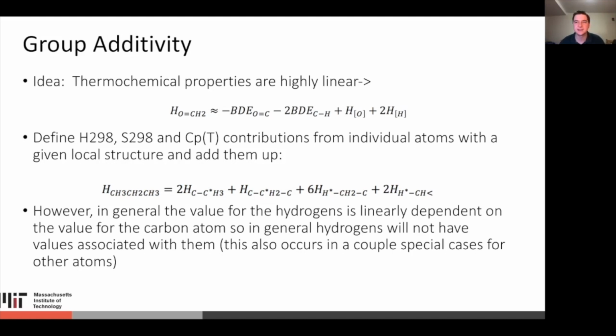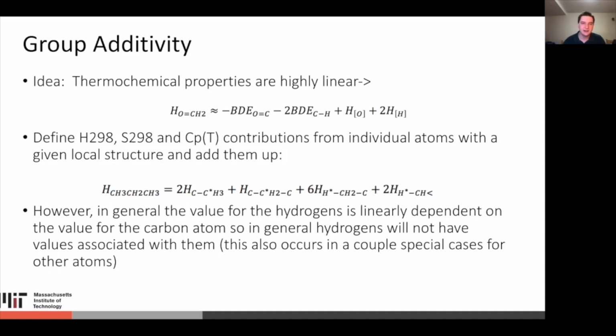And what this lets us do is define those thermodynamic properties as a sum of contributions from individual atoms with a given local structure and add them up to get the enthalpy of the whole molecule. In a certain sense, you're averaging the bond association energies into these individual contributions.